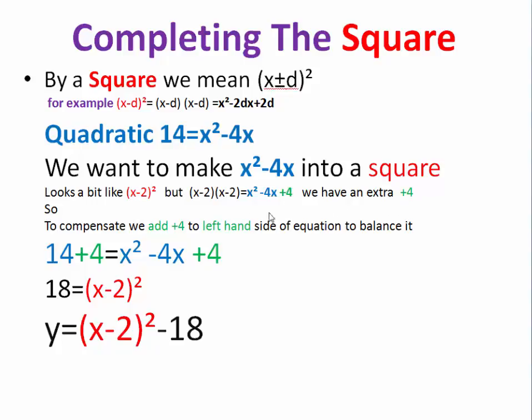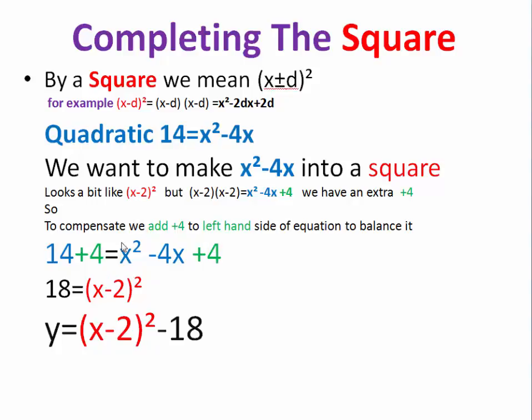To compensate for this, we have to add plus 4 to the left-hand side of the equation, and that will balance the equation. So we have 14 plus 4 equals x squared minus 4x plus 4.